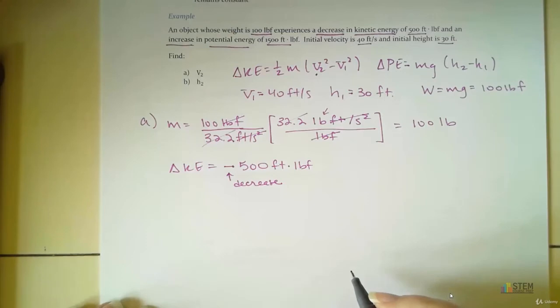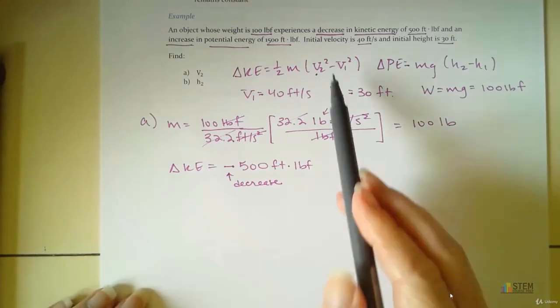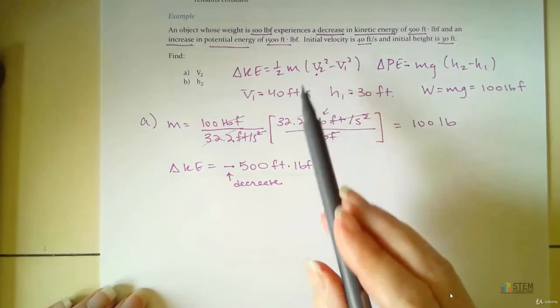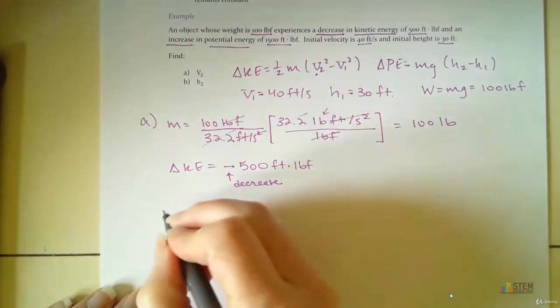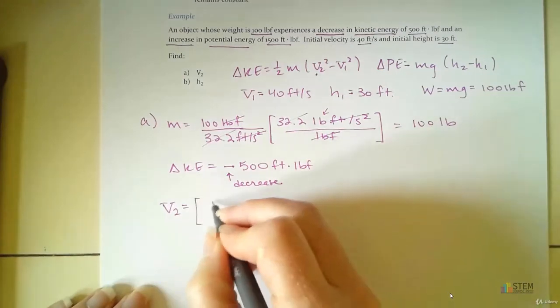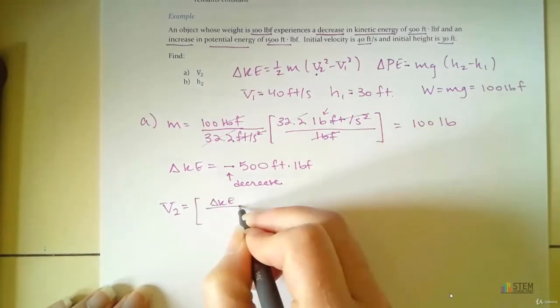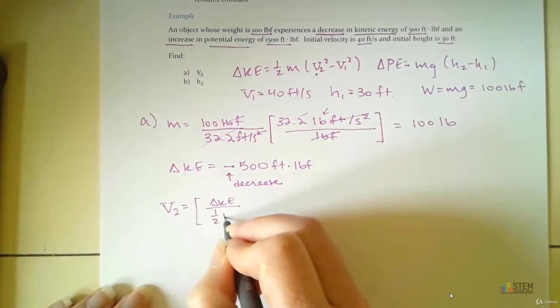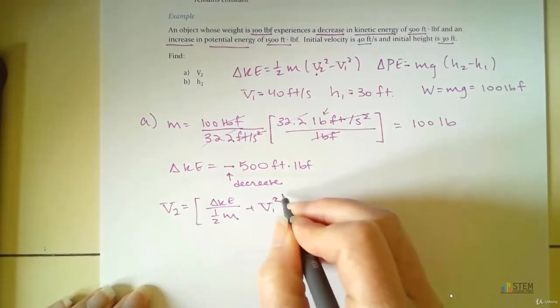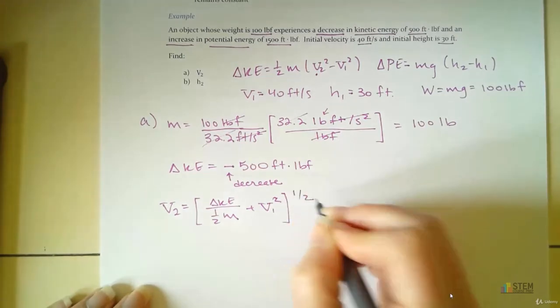Now with that information, we can take this equation and solve it for V2, because that's what we want to find. Okay, so V2, once you solve for that, you're going to get the square root of the change in kinetic energy over 1/2 m, plus v1 squared. And then you need to take the square root of that whole thing.